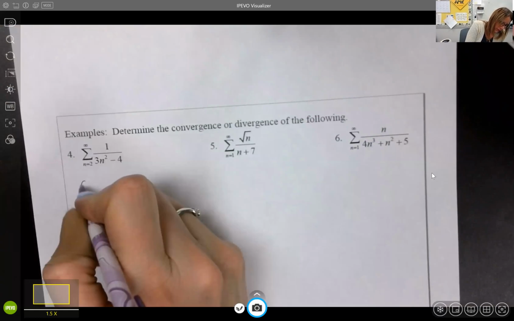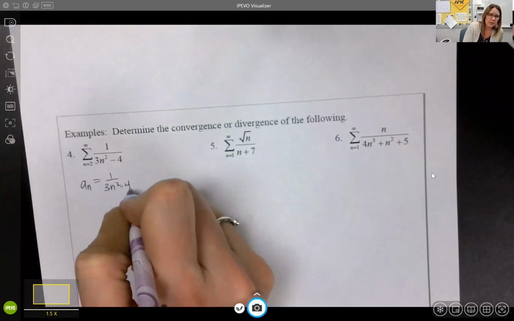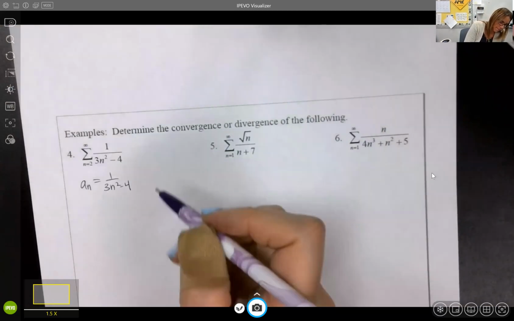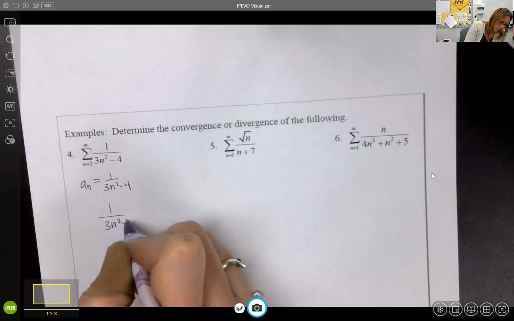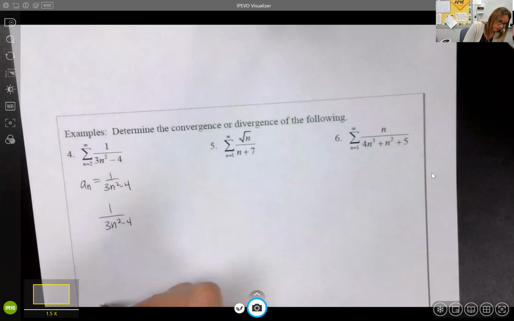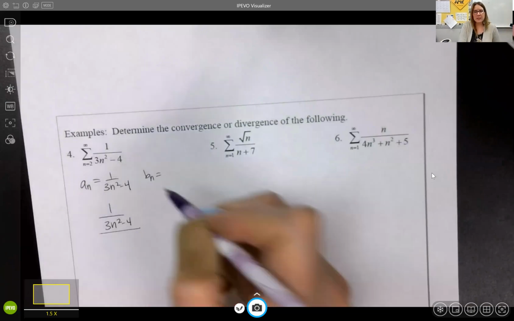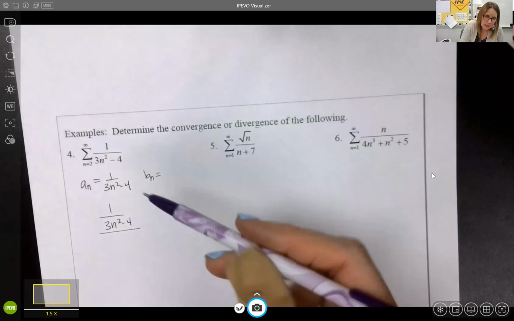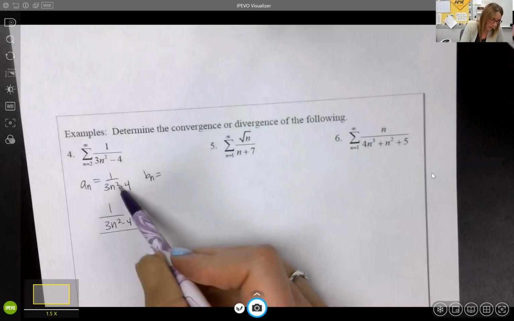So an equals 1 over 3n squared minus 4. Okay. So if I divide 1 over 3n squared minus 4, and I divide that by, let's say bn is a less messy algebraic series that has a 2 as the highest power.